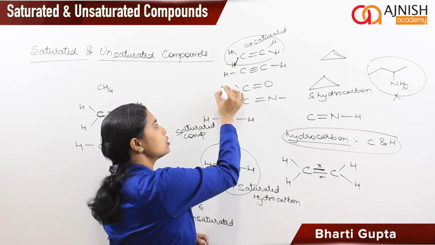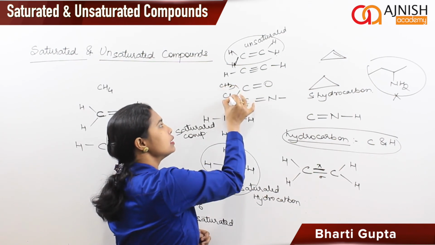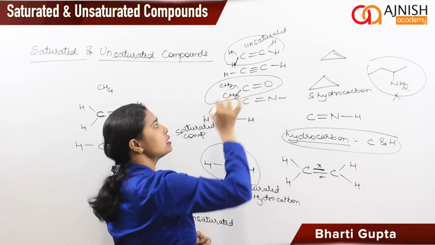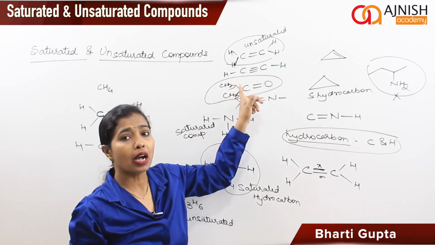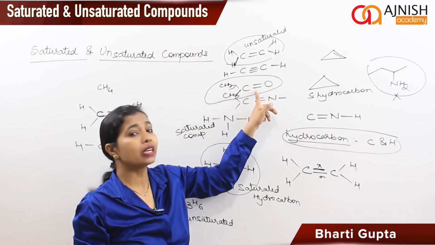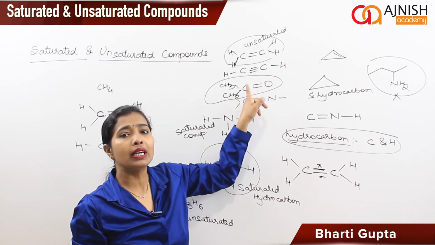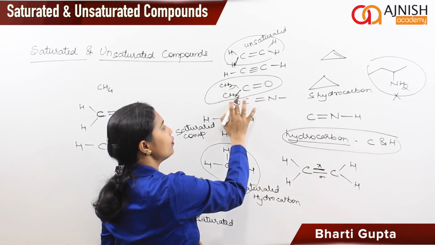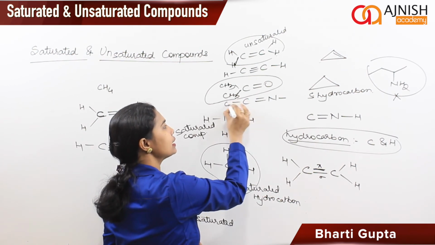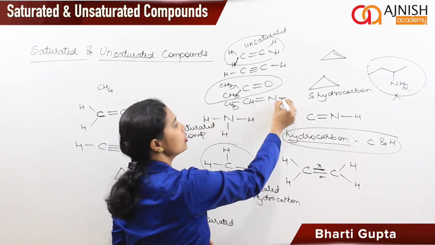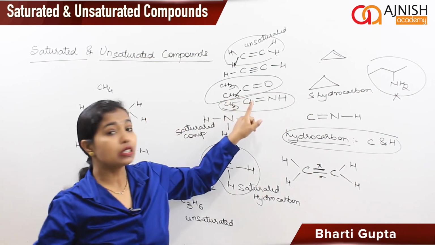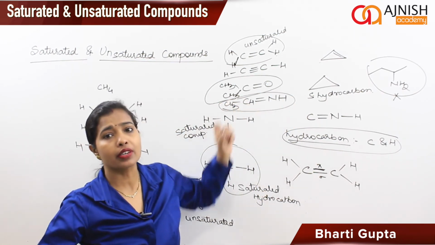These compounds, suppose we place like this, CH3, CH3, CO. Now this compound is unsaturated, but this is not a hydrocarbon. We can call it an unsaturated compound, but we cannot call it an unsaturated hydrocarbon. Similarly, if here we place CH3, CH, this is again an unsaturated compound, but not an unsaturated hydrocarbon.